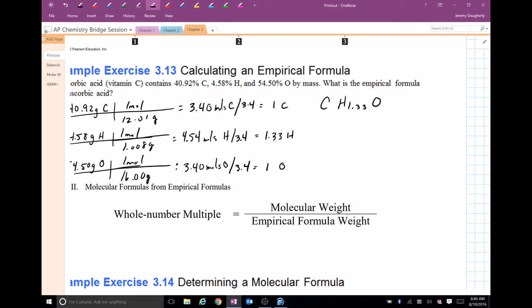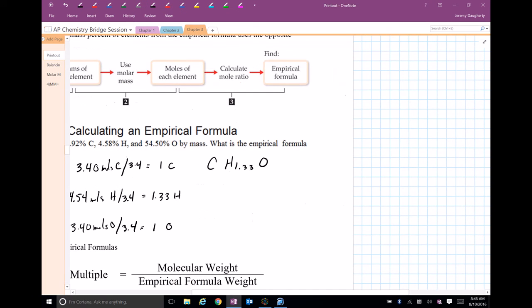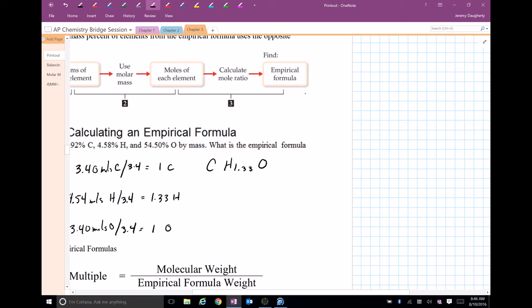So let me jot that down here, over by the empirical formula. Rounding: 0.9 or above rounds up, 0.0 or below rounds down.